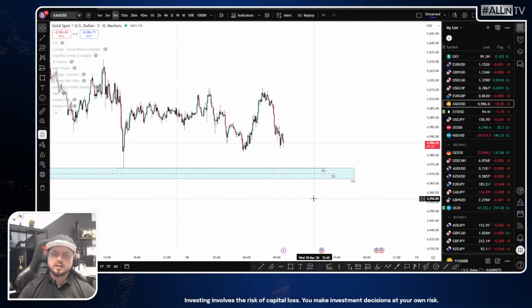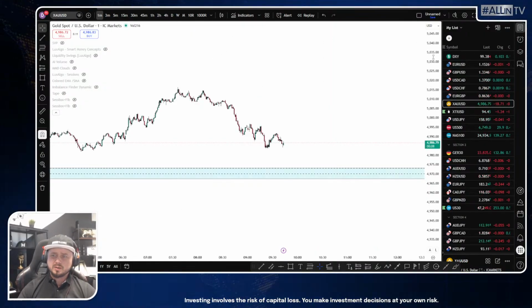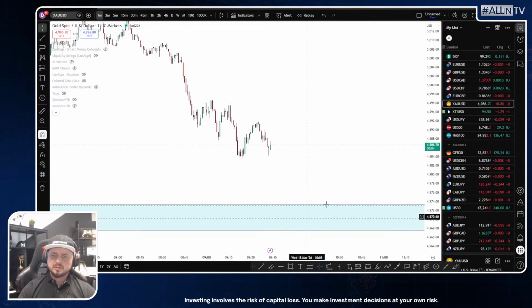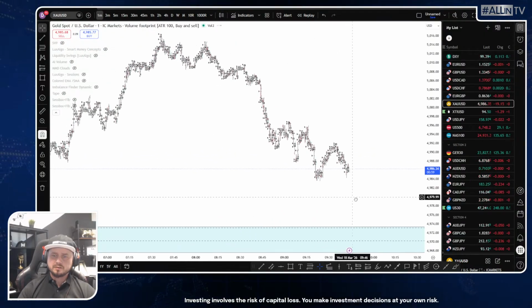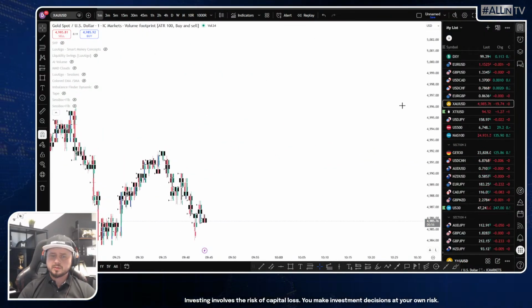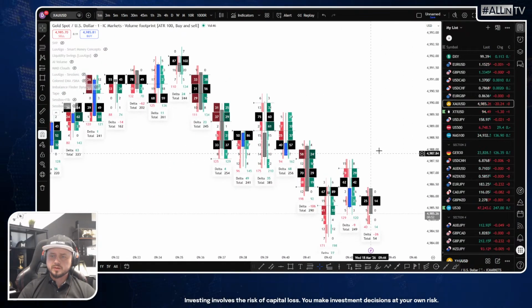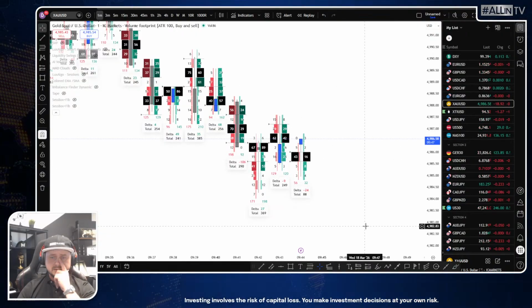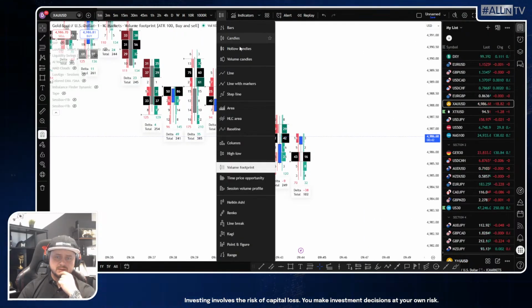And usually when the price reaches a level like this, I jump into 1 minute time frame because I can see what's going on exactly with the price, and also I'm using volume footprint to spot if the buyers are coming to the market or sellers. That helps a lot because volume footprint shows us who's got advantage on the market, who's actually buying, who's selling, and what's going on. So I'm gonna use this indicator later on to check that.